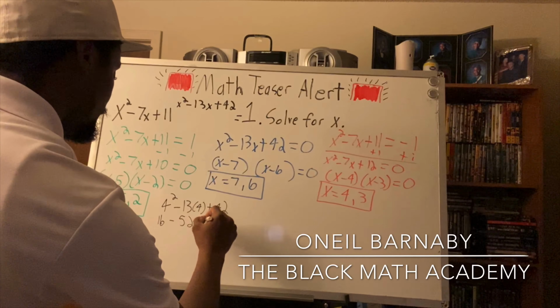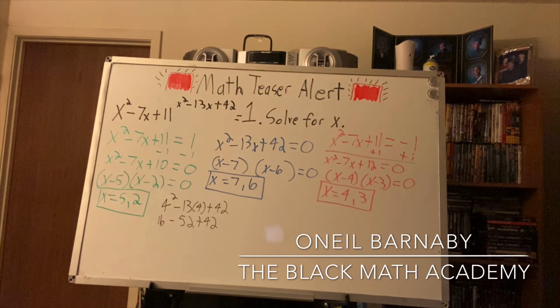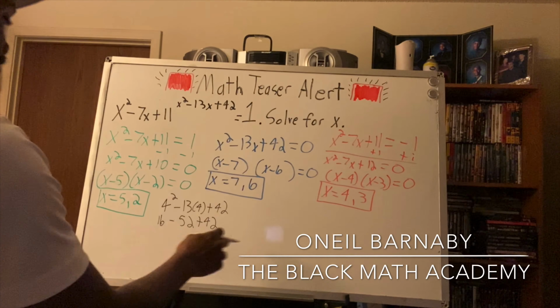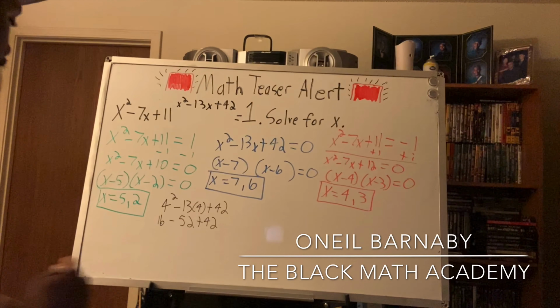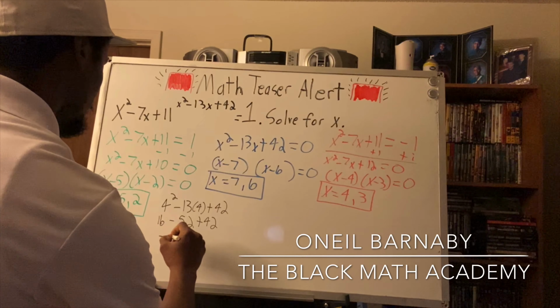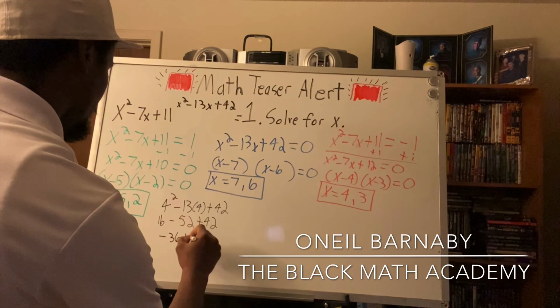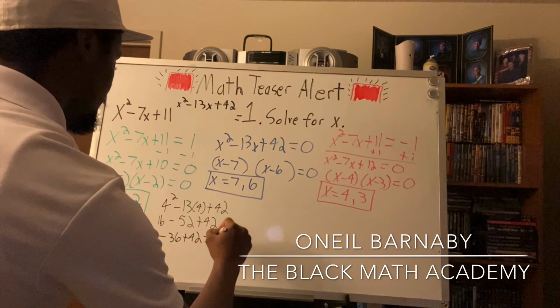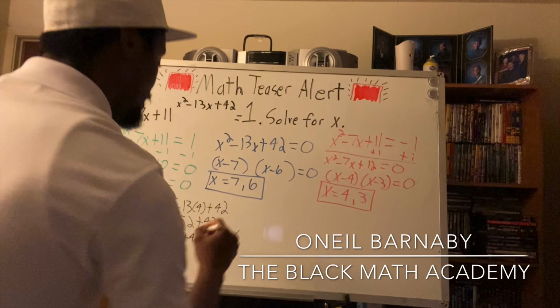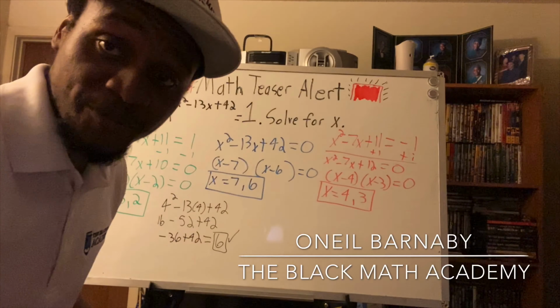And we're going to add 42 to that. All right, and when you combine all of this, let's see, 16 minus 52 is a negative 36. And if you add 42 to that, you get 6. So, voila, even number. So 4 happens to work.